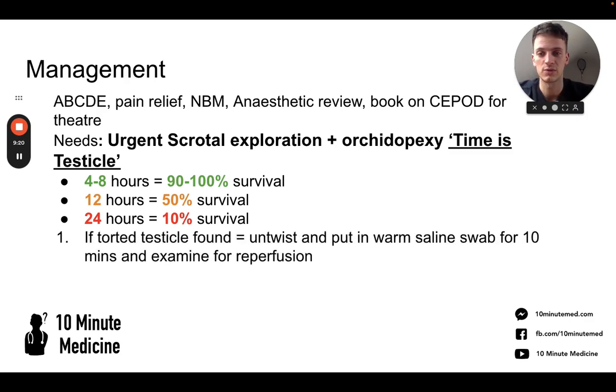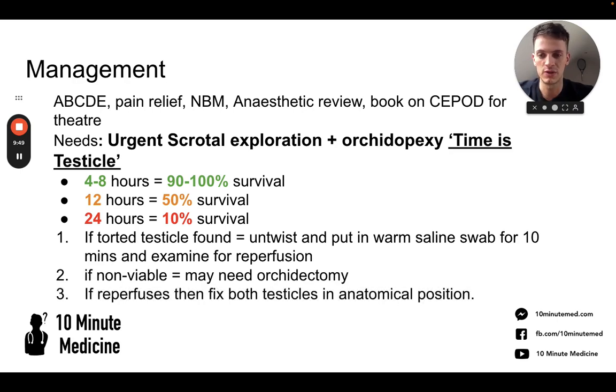And if a torted testicle is found, it's untwisted, put in a warm saline swab for 10 minutes, and you examine to see if it reperfuses. So whether it'll be blackened or dusky, and if you untort it and examine for perfusion, it should give some more colour back into it. If non-viable, you might need to take it out as well, and that can be a discussion with urology.